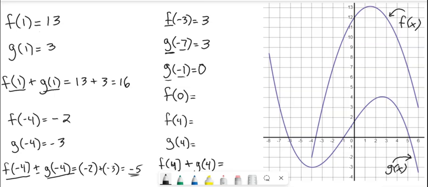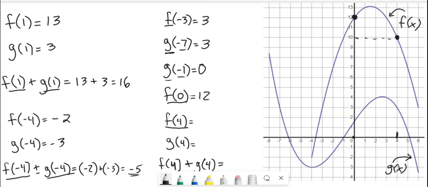And now what about f of 0? Here, we go to 0, and then all the way up to the f curve, and it looks like the answer is 12. For f of 4, we go over to 4, up to f right here, and that looks like 10.